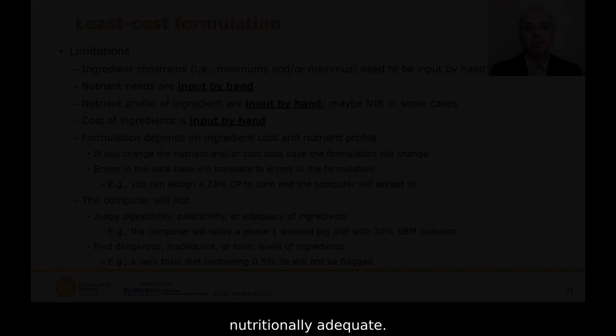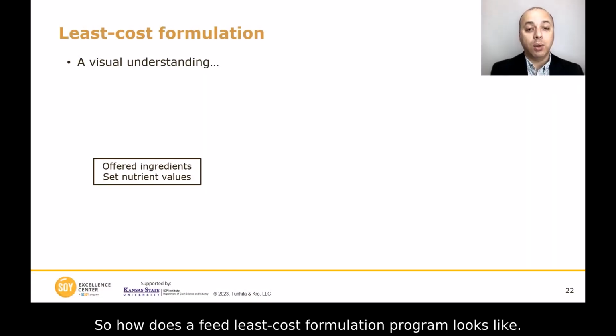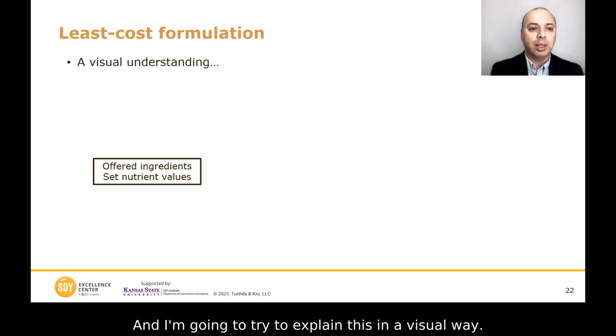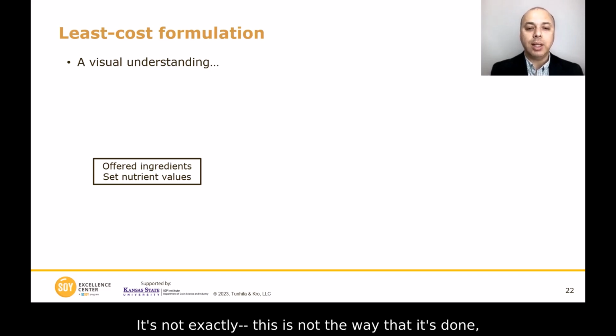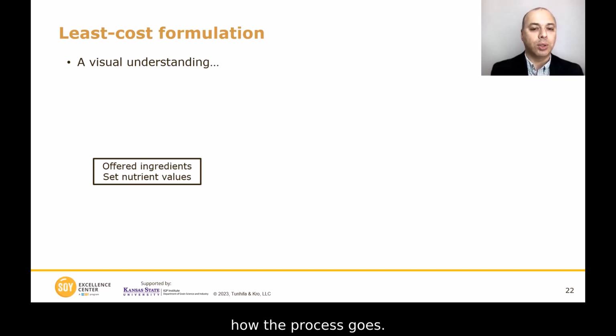So how does a least cost formulation program look like? And I'm going to try to explain this in a visual way. This is not the way that it's done, but this is a way to try to illustrate sort of like how the process goes.